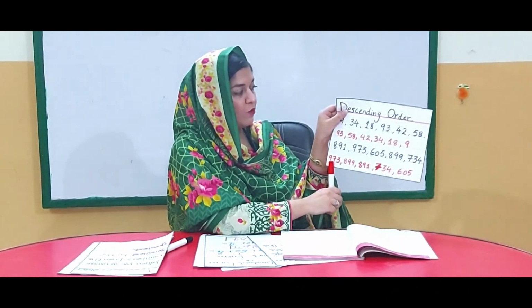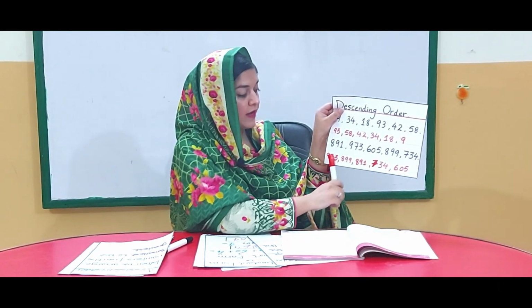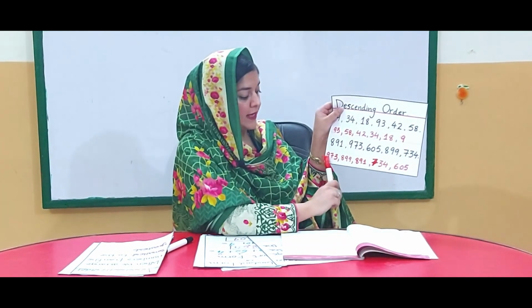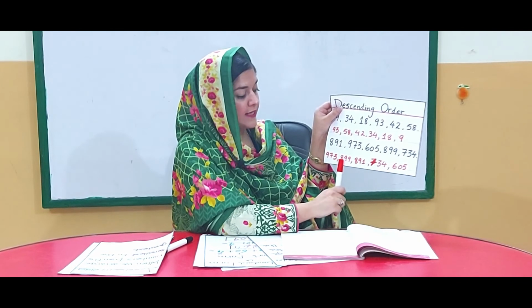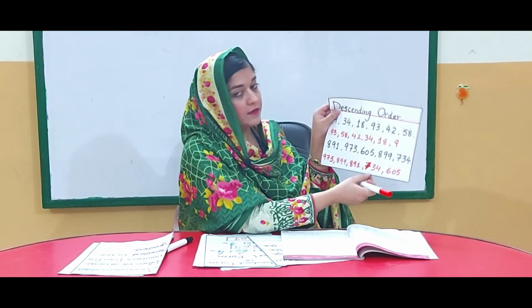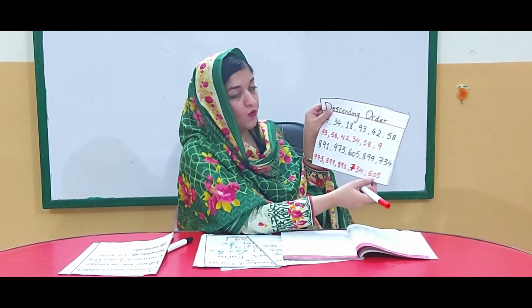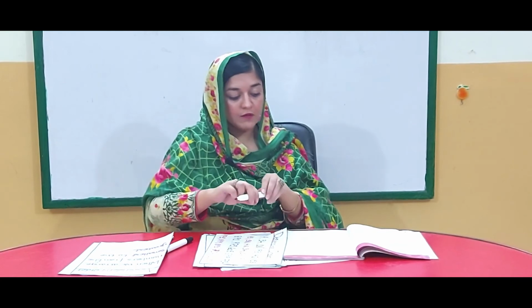I am moving in descending order, from the greater number to the lower number: 973, 899, 891, 734 and 605.